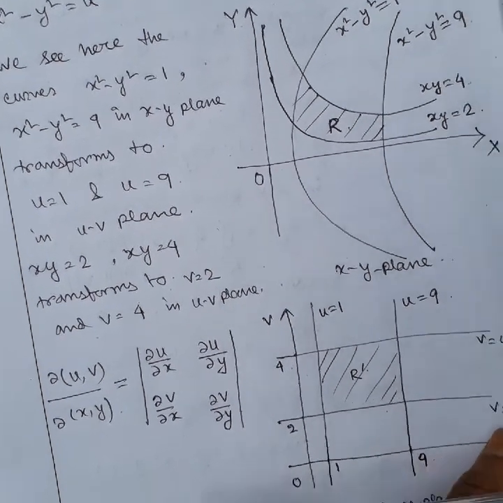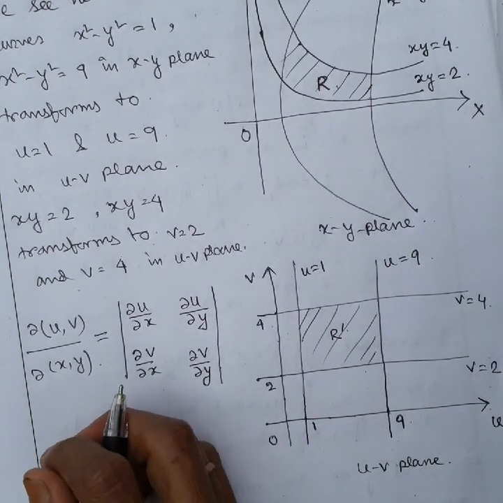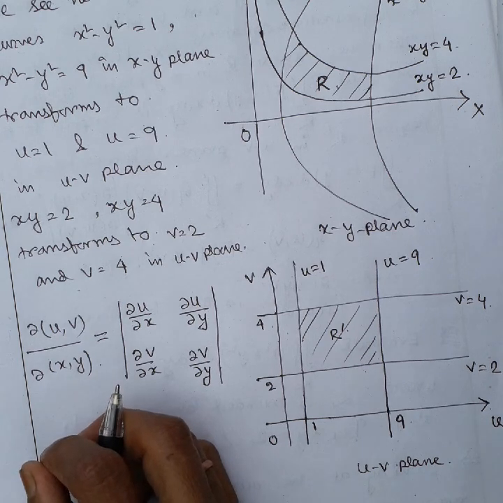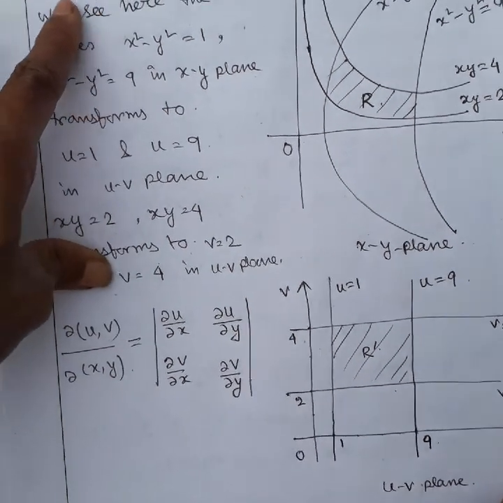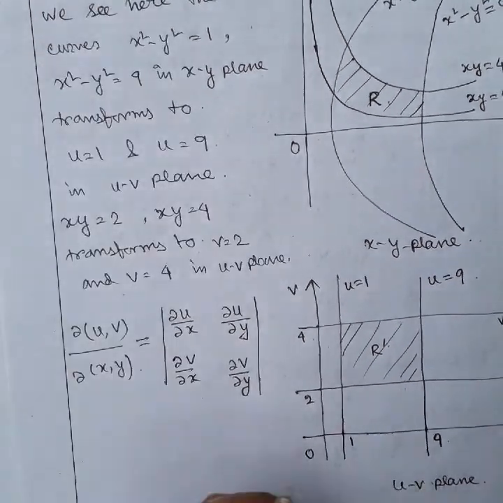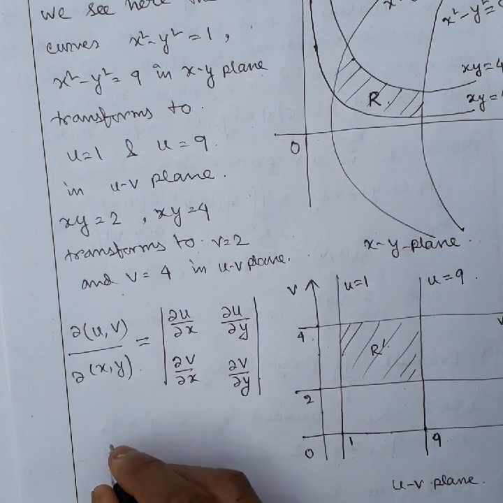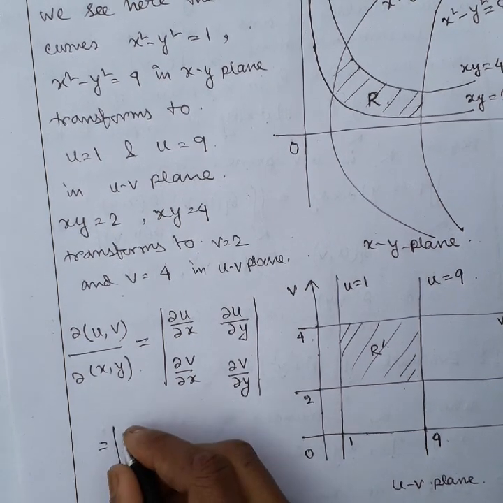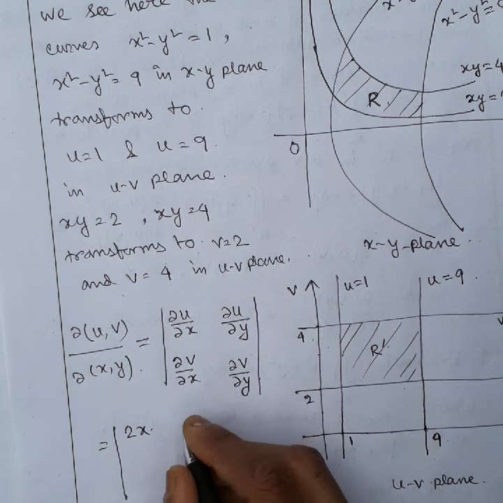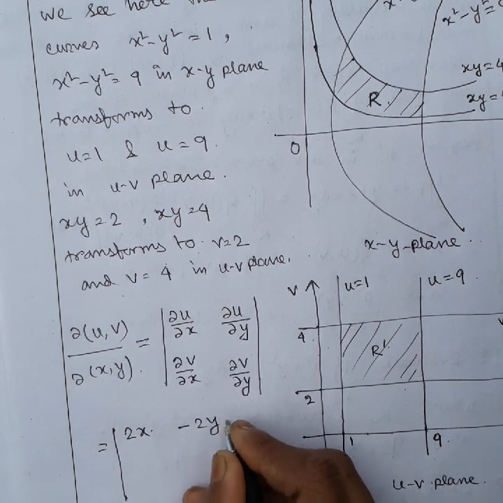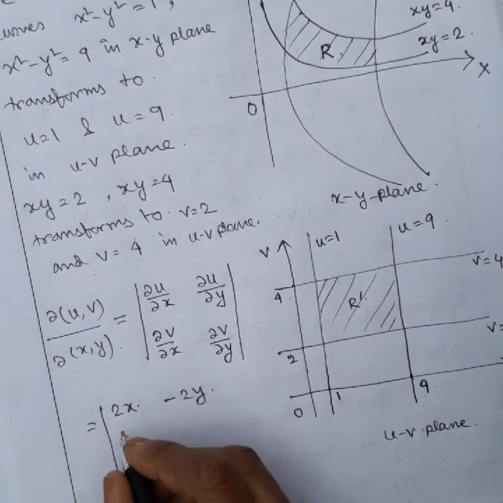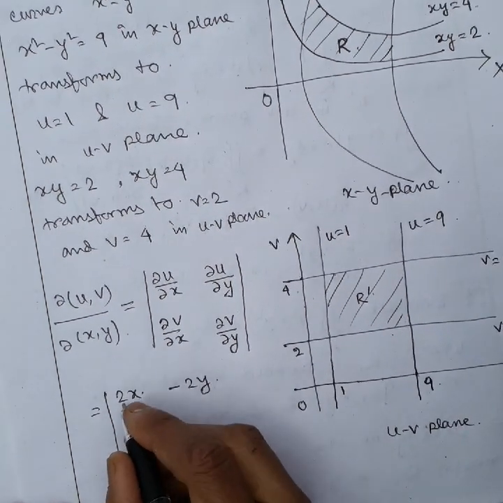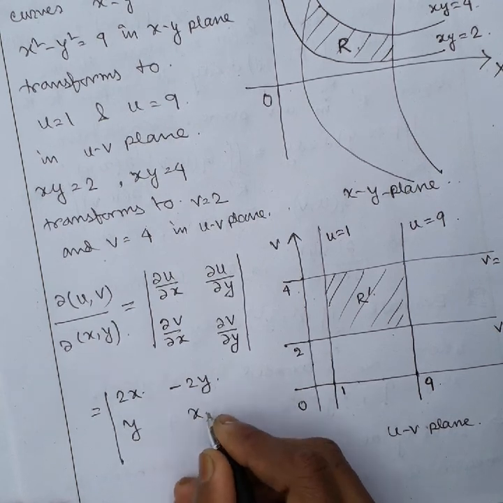Here x square minus y square equals u, so del u del x is 2x, del u del y is minus 2y, del v del x is y, and del v del y is x.